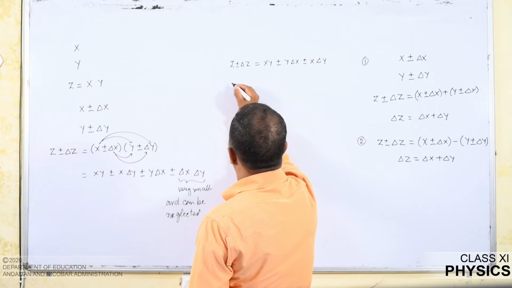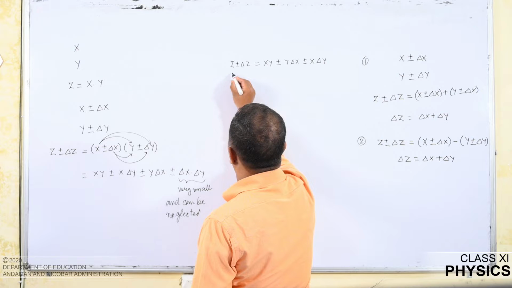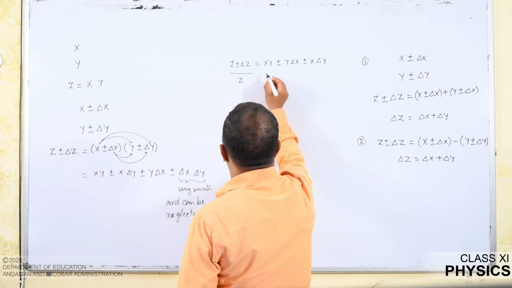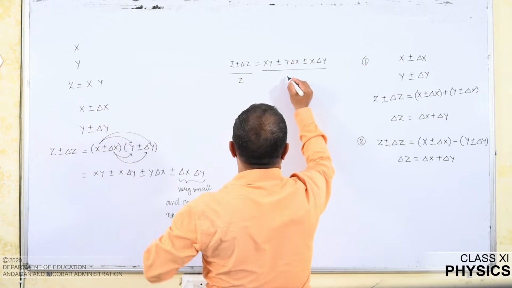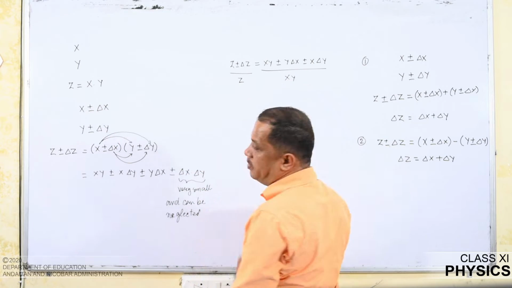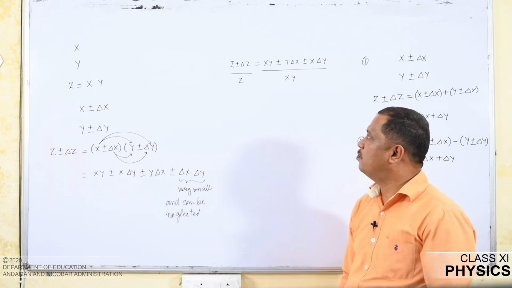I am going to divide both sides by z. Here z is equal to x times y, so either I divide by z or by xy, both mean the same for me.